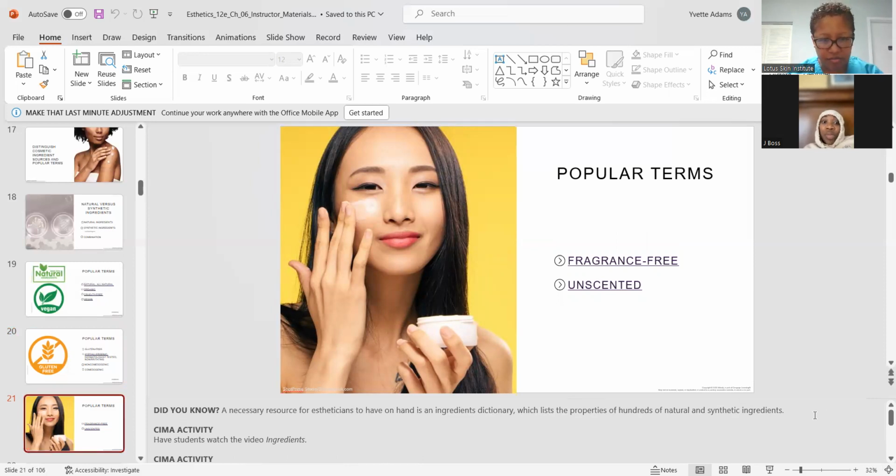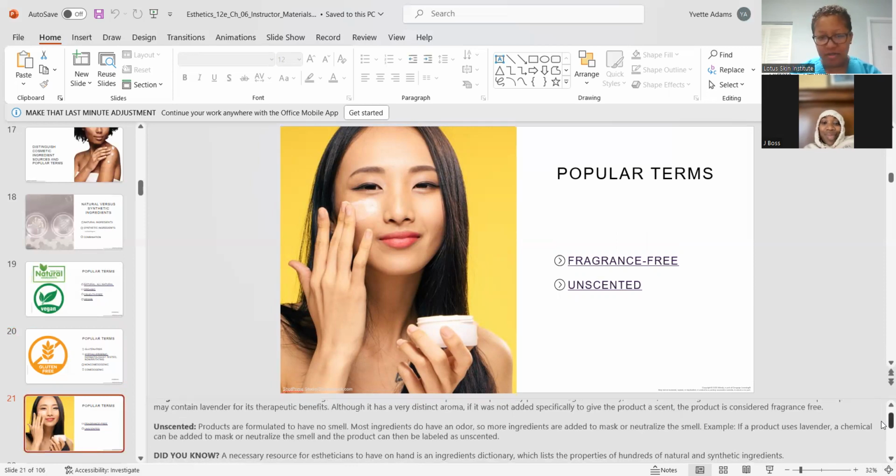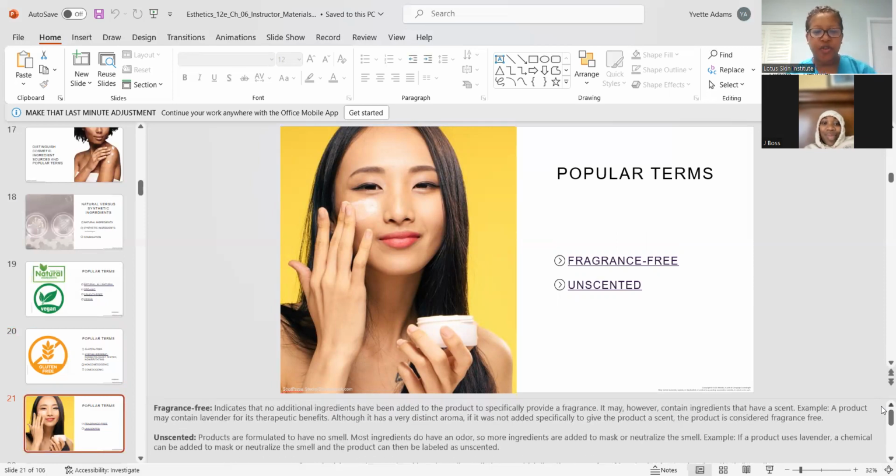Okay, so the ingredients dictionary talks about it. Super, super helpful. Fragrance-free indicates that no ingredients have been added to the product specifically for the purpose of giving it a fragrance. That doesn't mean that the product has no fragrance or smell to it.